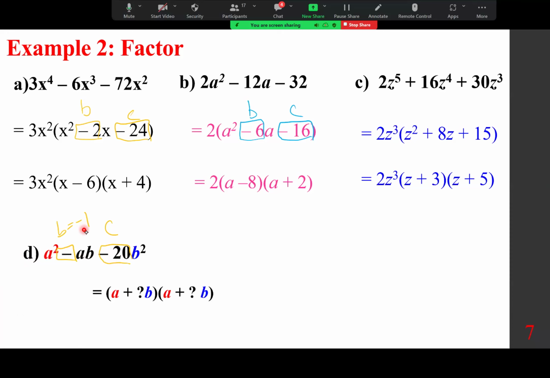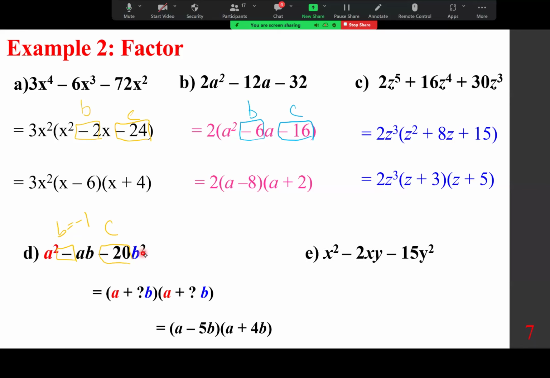What numbers come to mind? -5 and 4. Beautiful. Negative 5 and 4. So put them in there. Negative 5 and 4. And that's the idea. It's very straightforward, everybody. Just be careful. Because it has b squared, there's nothing to worry about.